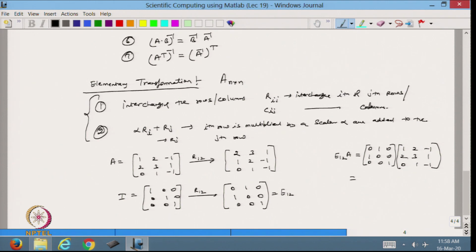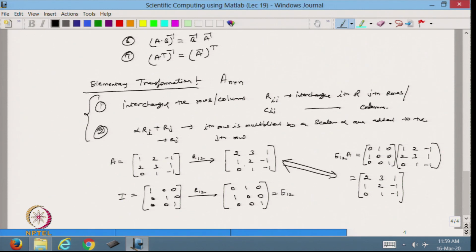The first row will pick only the second row's coefficients, so 2, 3, 1 will come. Similarly, the second row picks the first, so 1, 2, minus 1, and then 0, 1, minus 1. If you see, this is the same as the earlier result.